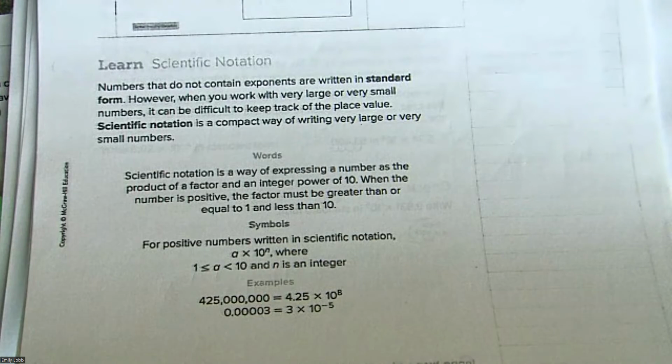When the number is positive, the factor must be greater than or equal to 1 and less than 10. So the symbols for positive numbers written in scientific form: a times 10 to the n power, where a is greater than or equal to 1 and less than 10, and n is an integer.